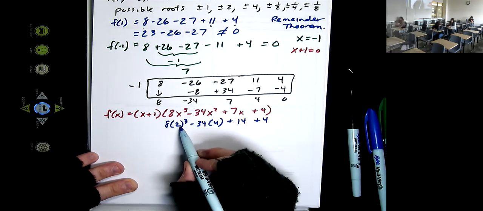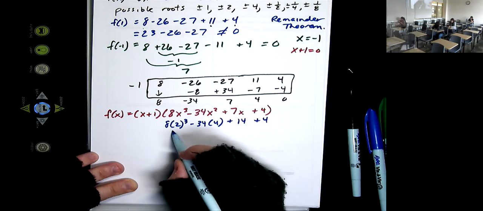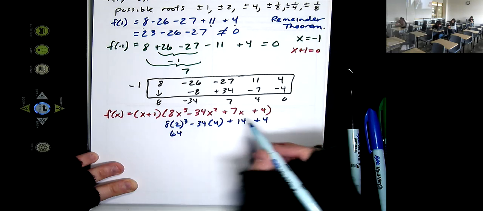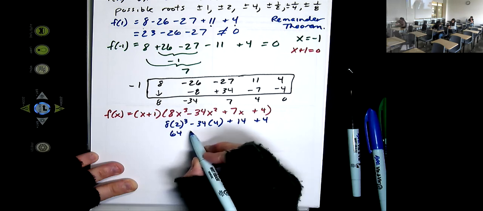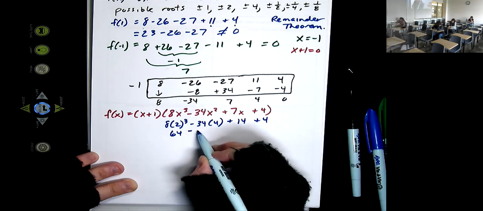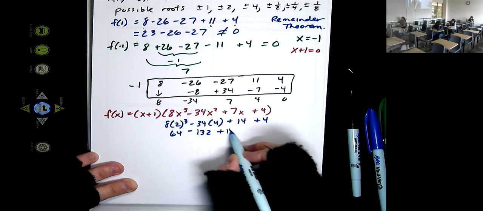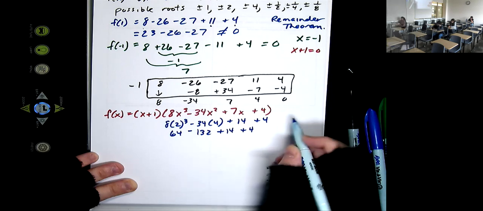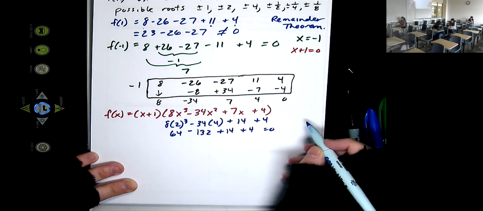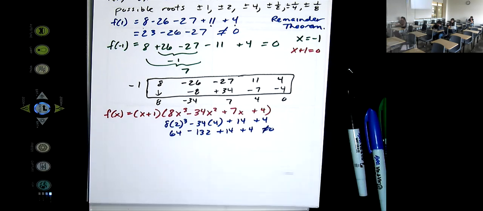This is 64. This is a big number. That's 132. That's not going to get me a 0. This can start being a pain. You've got to check them all.